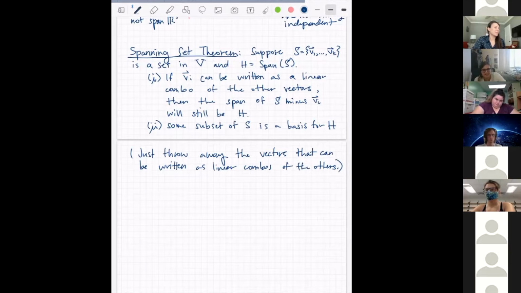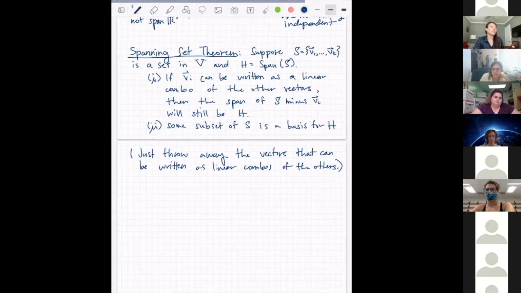No, I think that's just a wording thing. I guess it's just referring to the ones other than vi, so vectors v1 through vi minus 1.